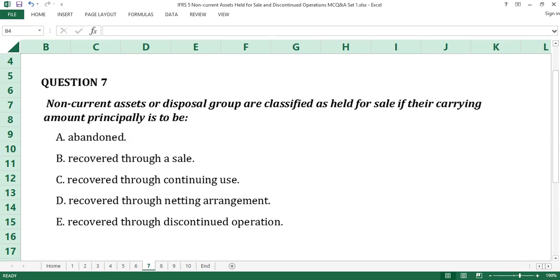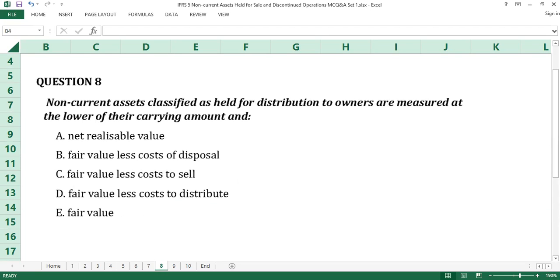Time counts. 10 seconds gone. 20 seconds gone. Time up.